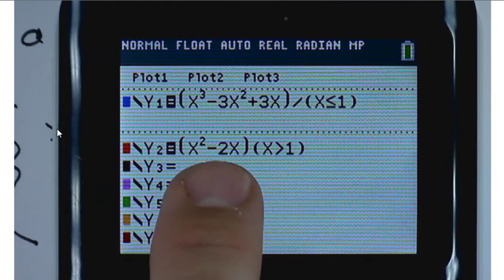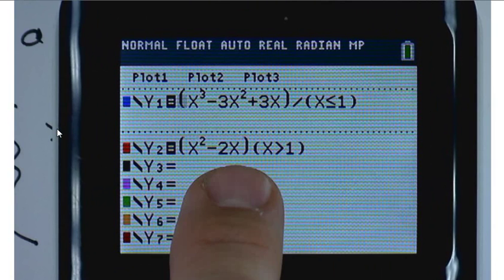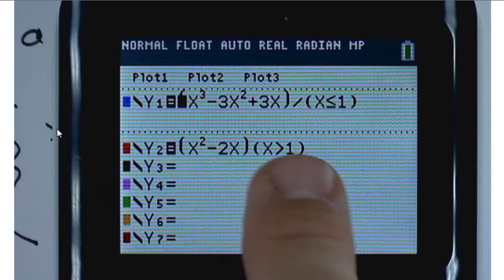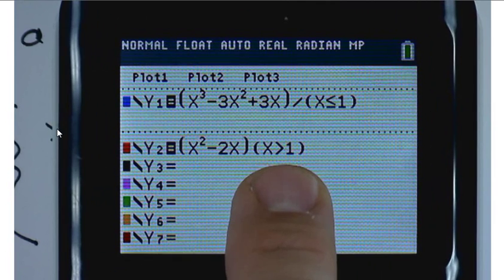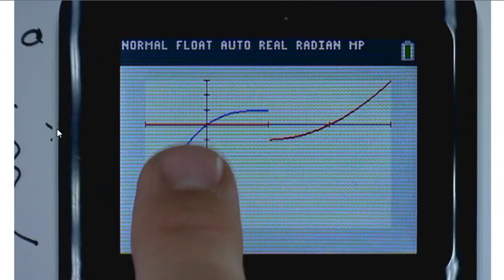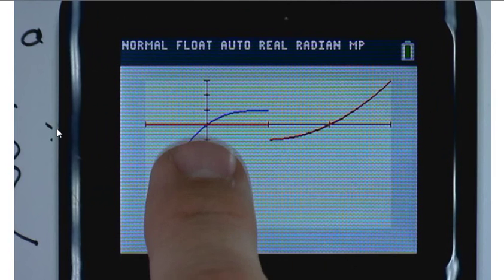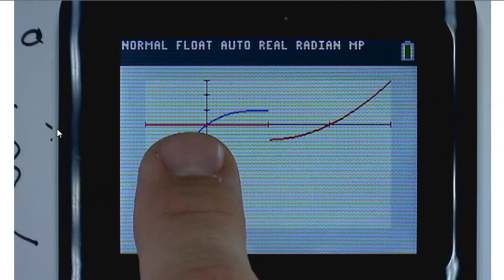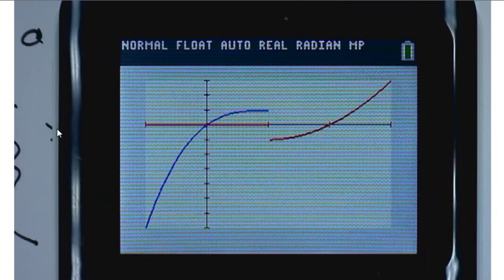When it's false, you get a 0. So you're either going to graph this function or 0. And you can see that here with the red. To the left of 1, it's 0. To the right, it's 1. It's just a function.